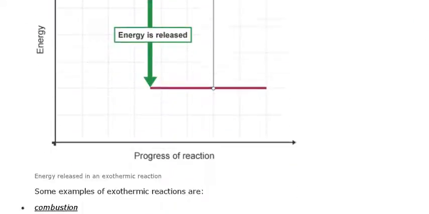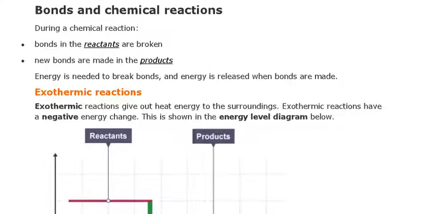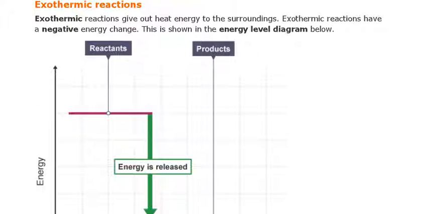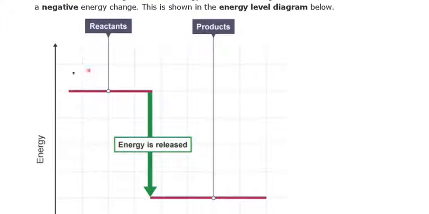As we consider exothermic and endothermic: if it is exothermic, you are giving out energy, so that value is considered negative, because the reactant has more energy, and when the product is formed from the reactant, an amount of energy is released.